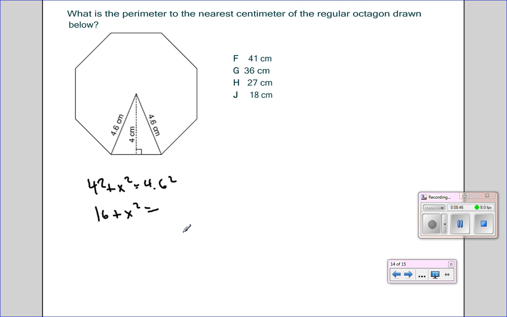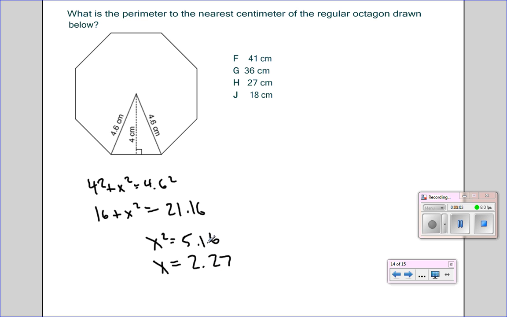It gives you 21.16. Subtract 16 from both sides, so you get 5.16. And now we're going to take the square root of 5.16. And we get about 2.27.